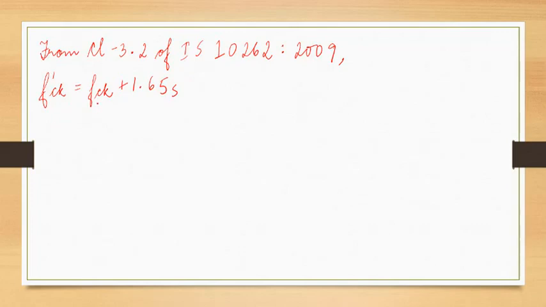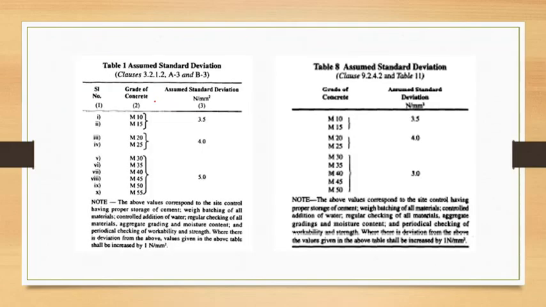FCK is given in the question as the characteristic compressive strength required in the field at 28 days, that is 30 Newton per mm square. What is S? S is the standard deviation that we will get from these tables. What is the grade of concrete? It is M30, because the characteristic compressive strength at 28 days is 30 Newton per mm square. So corresponding to M30 we have the value of S as 5. Similarly from this table we get the value of S to be 5.